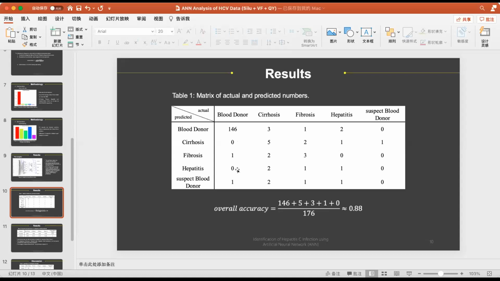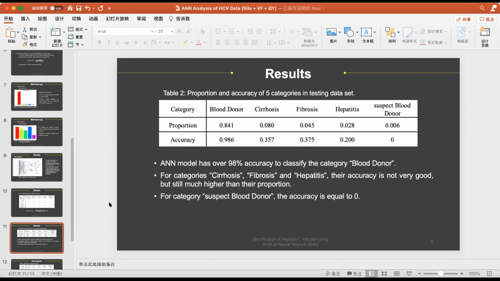So when you condition on the columns, that's not actually accuracy. It's basically sensitivity for blood donor, sensitivity for cirrhosis, sensitivity for fibrosis, and so on. So I think the terminology is a bit misleading there. And since it's a conditional probability, it would be difficult to compare with the proportion, like what you're trying to do here.